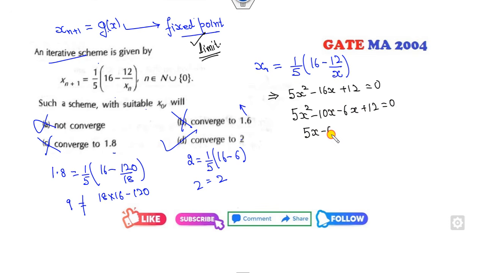So 5x minus 6 and x minus 2 is 0. So x is 2 and 6 over 5. So 6 over 5, that's 1.2, which is not available in the options. That's why 2 is available. So 2 is the right answer. Otherwise 6 over 5 is also the correct option of this problem.